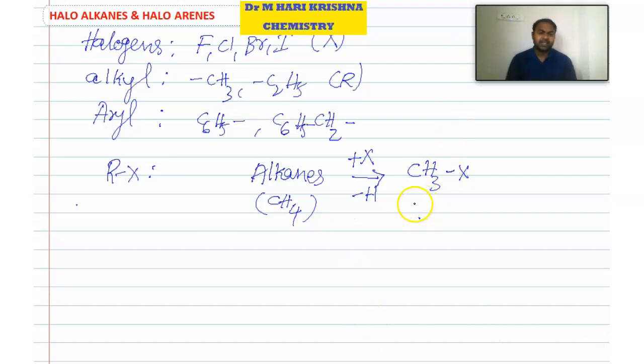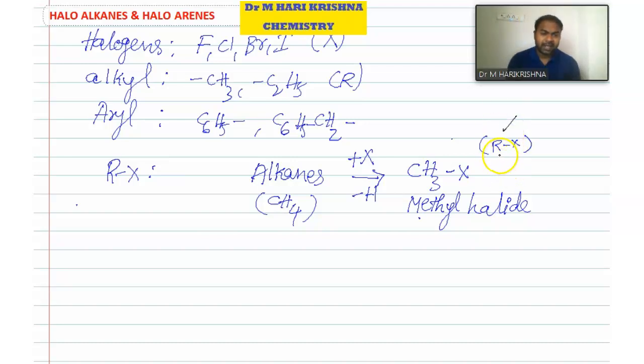This is known as methyl halide. This X may be fluorine or chlorine or bromine or iodine. Here we got the RX model. R means any alkyl group, X means halogen. So RX means haloalkanes or alkyl halides.